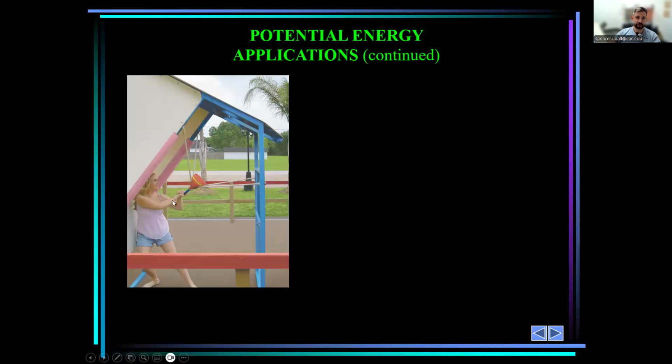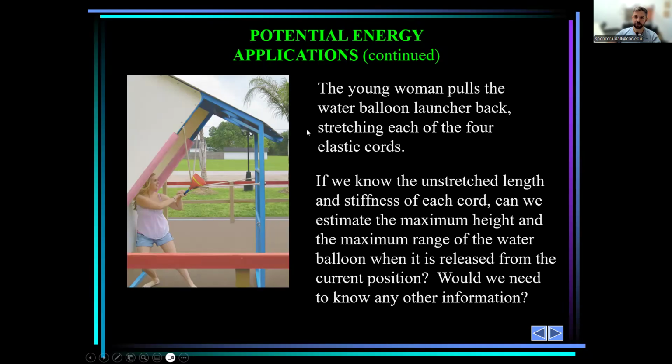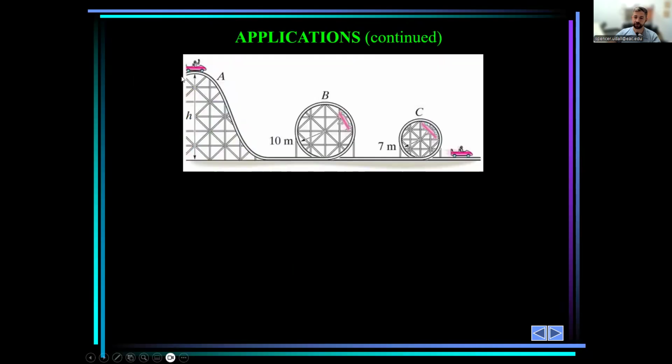So a classic situation could be pulling back on an elastic band, right? As that potential energy is released, it turns into kinetic energy, right? Or another example could be a roller coaster, right? It's at some given height, and as it loses that height, its potential energy from being higher relative to these other points is converted into kinetic energy as it gets faster, right?